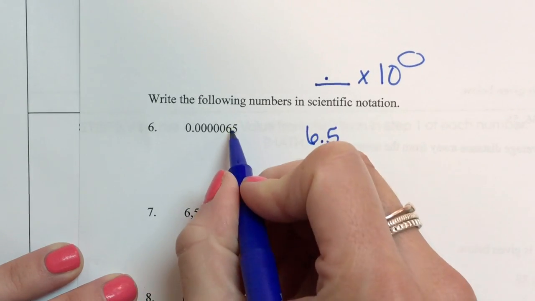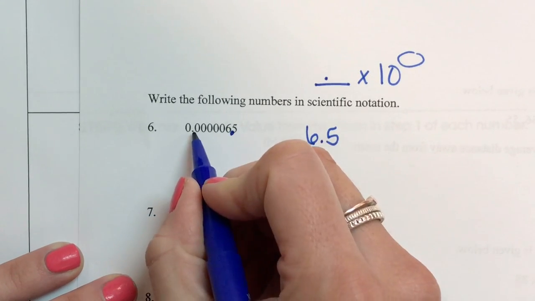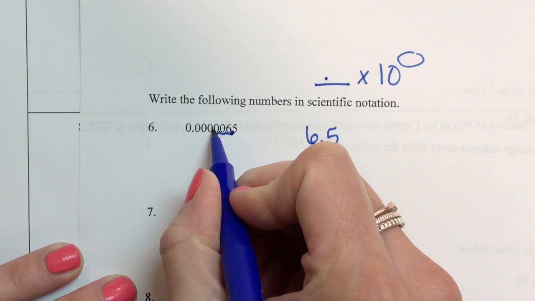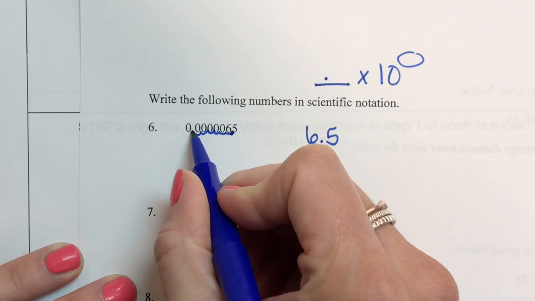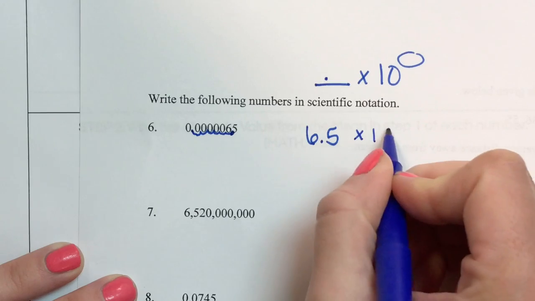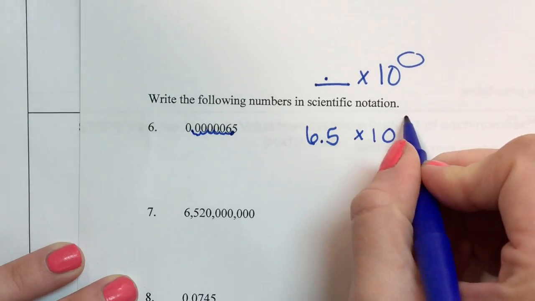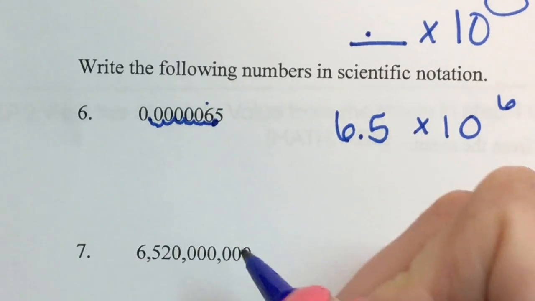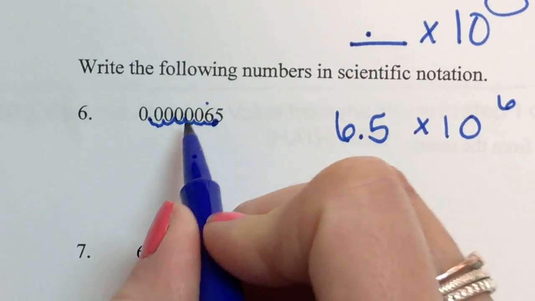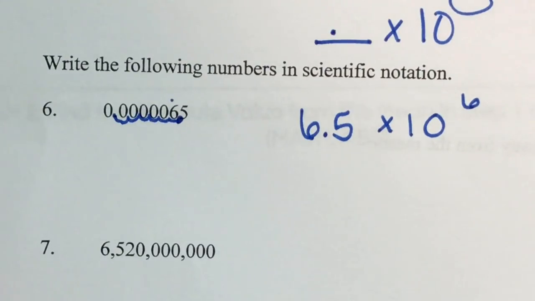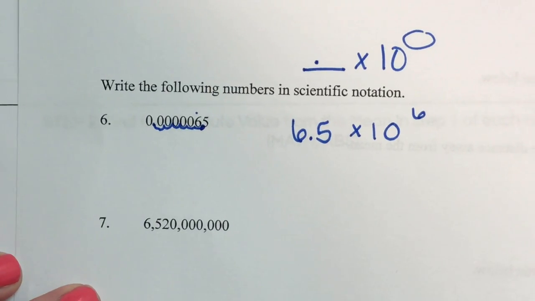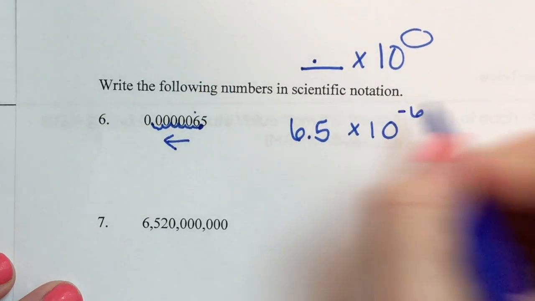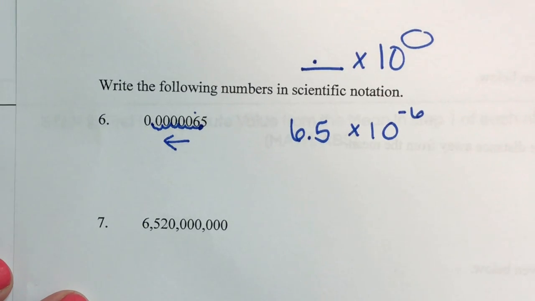So I'm going to count backwards till I get to that old decimal. So 1, 2, 3, 4, 5, 6. So times 10, because that's just part of the problem. I counted back 6 spaces. I included that digit. You don't just count the zeros, count everything that's behind it. And since it's a tiny number like that, or since you counted to the left, that exponent is going to be a negative.